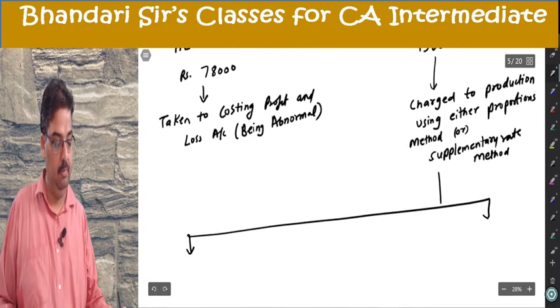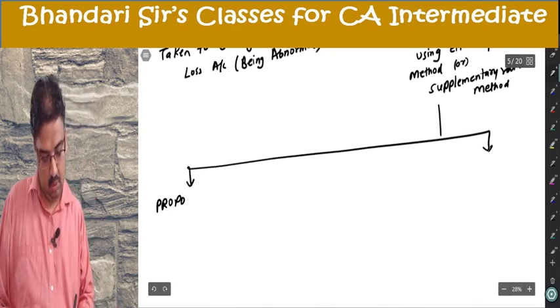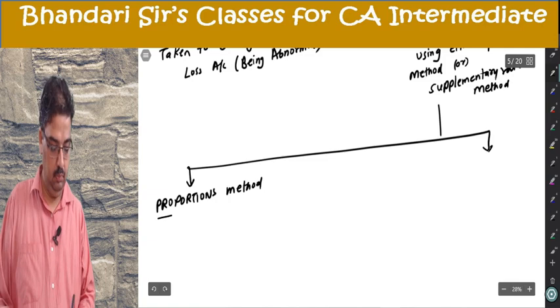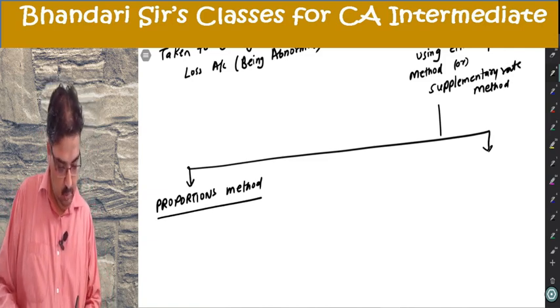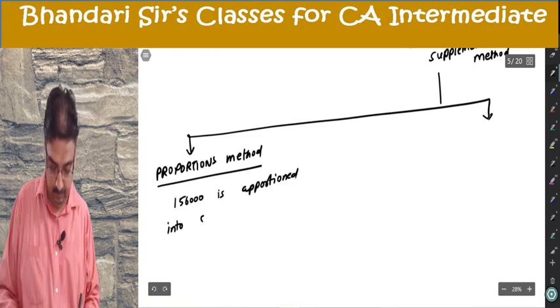The treatment will be same, the presentation is different. Proportions method. The amount is 1,56,000, apportioned into sale quantity 27,000 units and finished goods stock quantity.